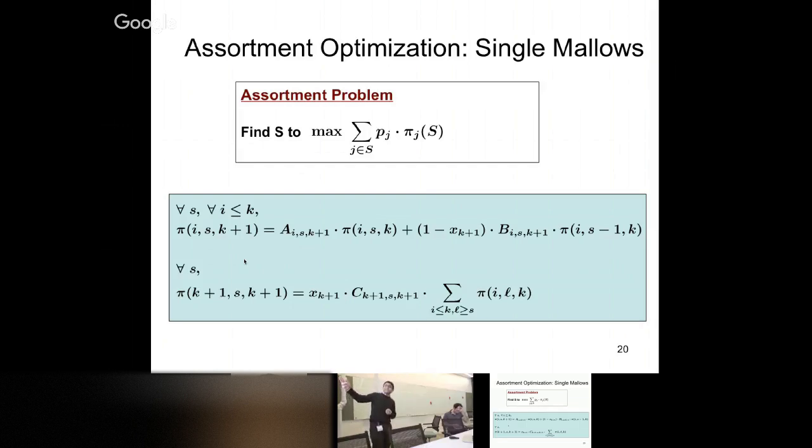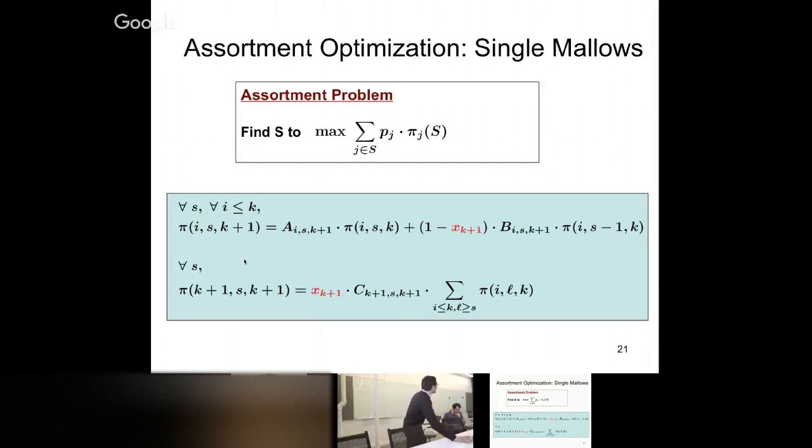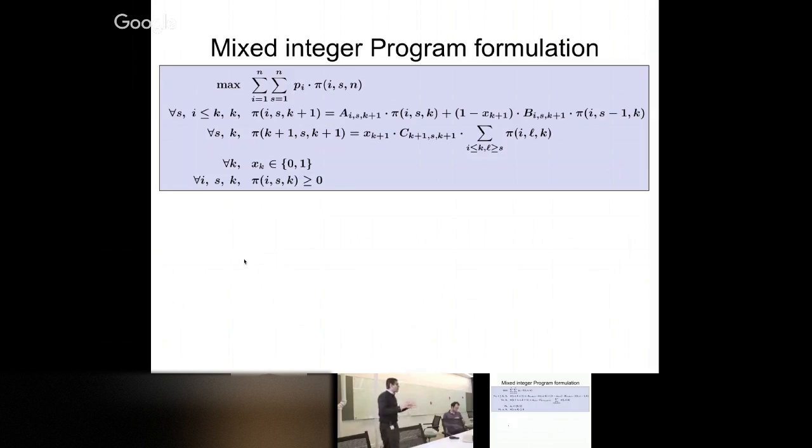This linear system has these xk's which say whether the k plus first item is in the assortment or not. So I have a math program already, if I think of these xk plus 1 as variables.